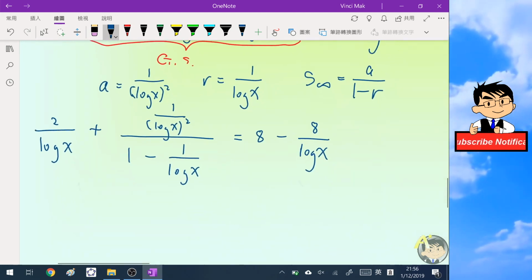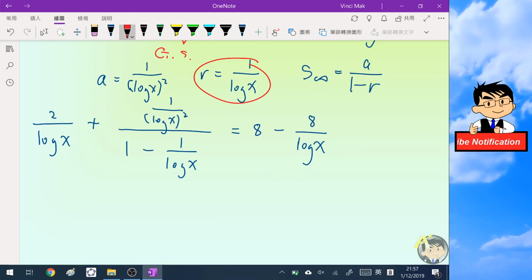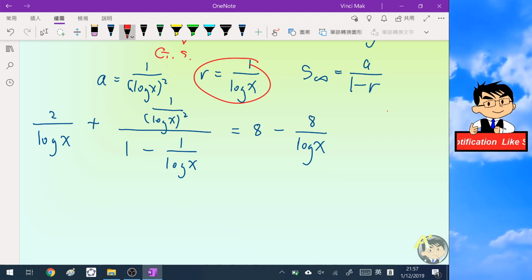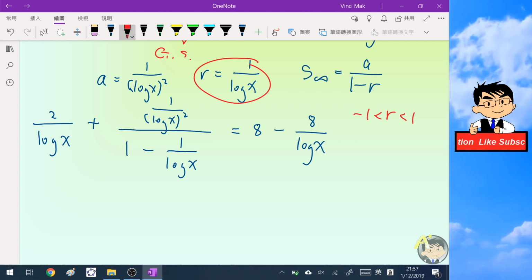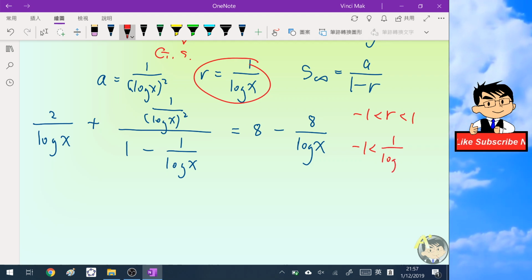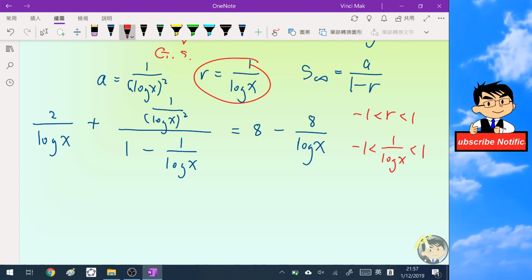But we need to pay attention to the range of r. So we know that r should lie between -1 and 1. So this makes 1 over log x lie between -1 and 1.